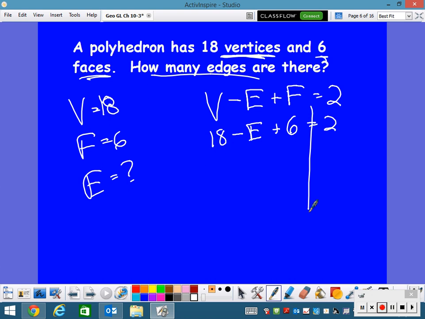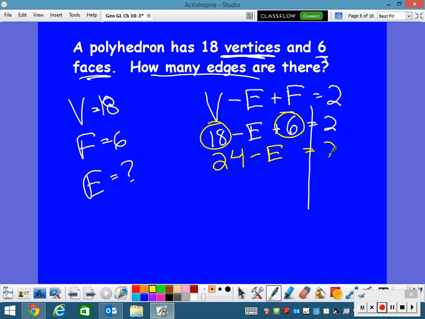Can you tell me what to do to get E by itself? I'm just solving for E. No, because they're on the same side of the equal sign, but I can go ahead and combine them. So 18 plus 6 makes 24.